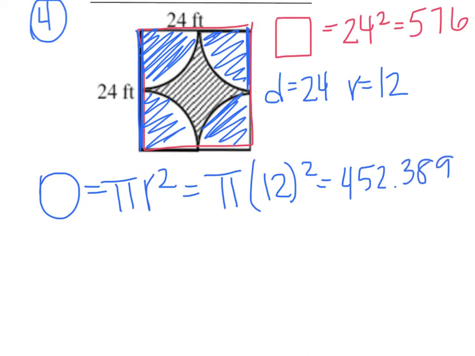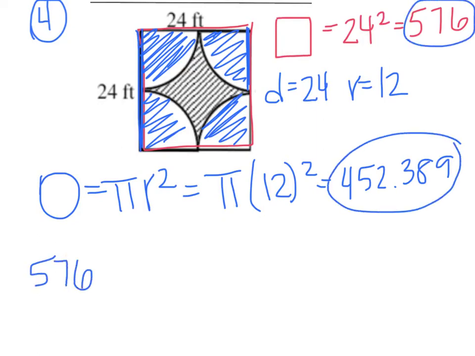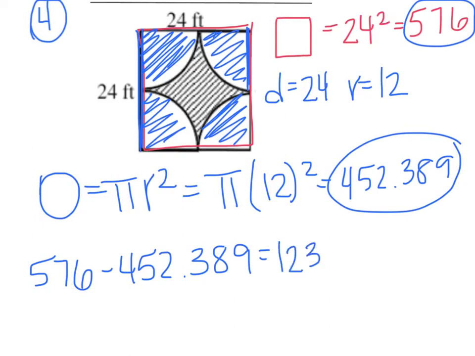So we need to now take our entire square minus the circle. So 576 minus 452.389. The shaded region is 123.611 feet squared.